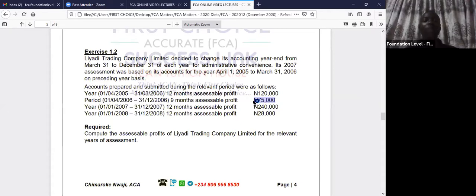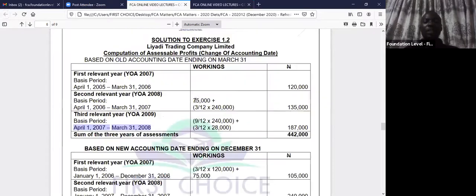We need 3 more months, which means we need January, February, and March. So we are going to take 3 months out of 12. So this 75,000 is for 9 months. Then we need 3 months out of 12 months. So we add it to 75, it gives us 135,000.